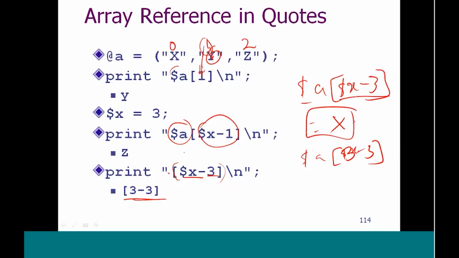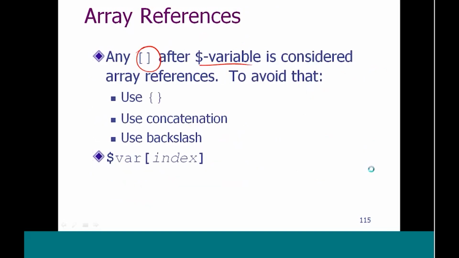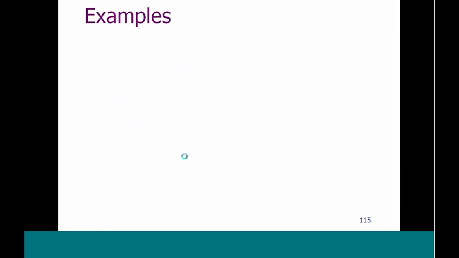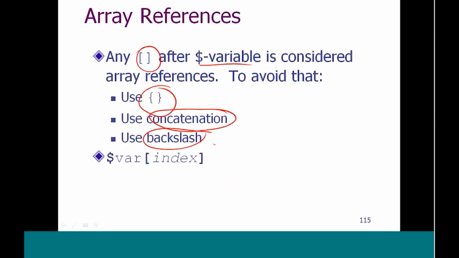To prevent that from printing just x, and to stop the interpolation of the array variable itself, we have to use either this, a concatenation, or a backslash. All three are okay to do this. What do we mean?